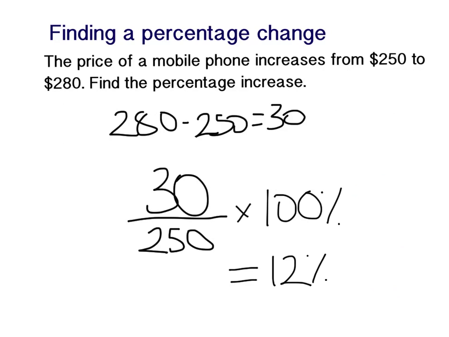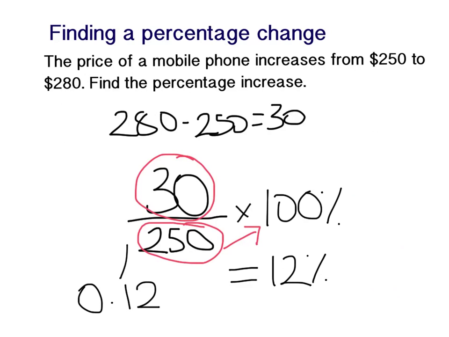So the price of a mobile phone increases from $250 to $280. Find the percentage increase. What was the difference over the original price, multiplied by 100%? 30 over 250 gives me 0.12.